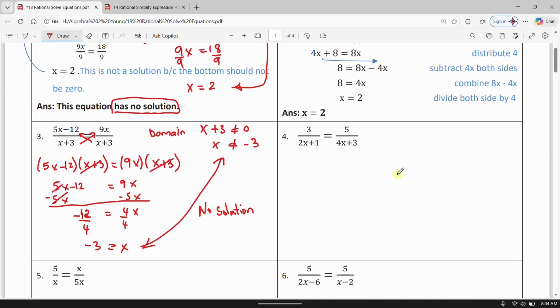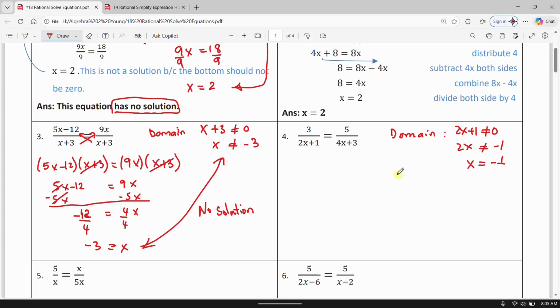All right, let's do this one over here. First, we need to find the domain. There are two denominators, so you have to find the domain for both. So first, 2x plus 1 cannot be equal to 0. Then 2x cannot be equal to negative 1. Divide both sides by 2.